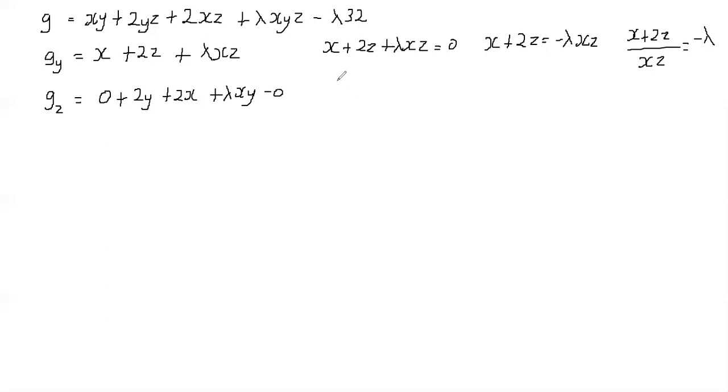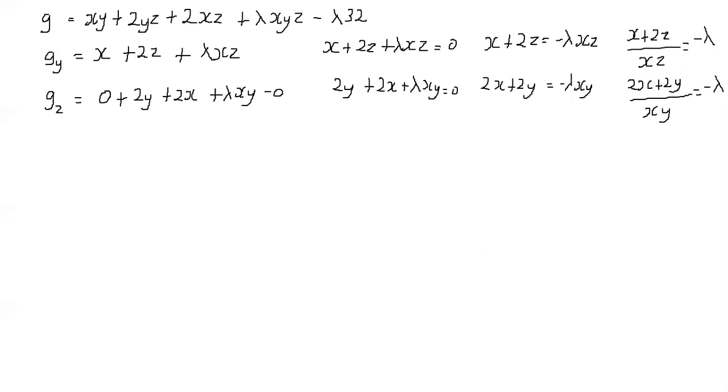So ultimately we can equate this to 0, that is 2y plus 2x plus lambda xy is equal to 0. If it goes that side, it will be 2x plus 2y is equal to minus lambda xy. So 2x plus 2y by xy will be equal to minus lambda.